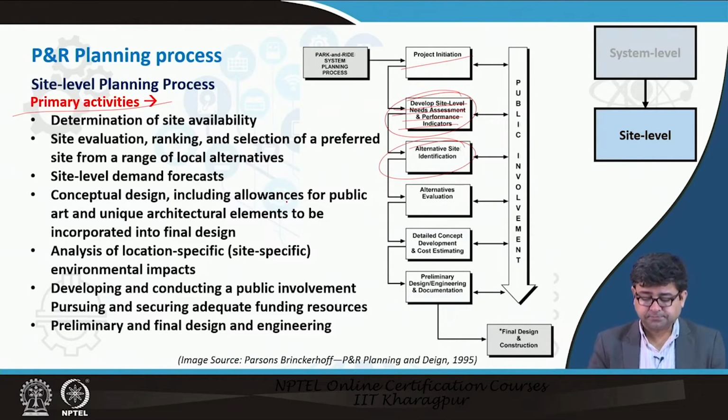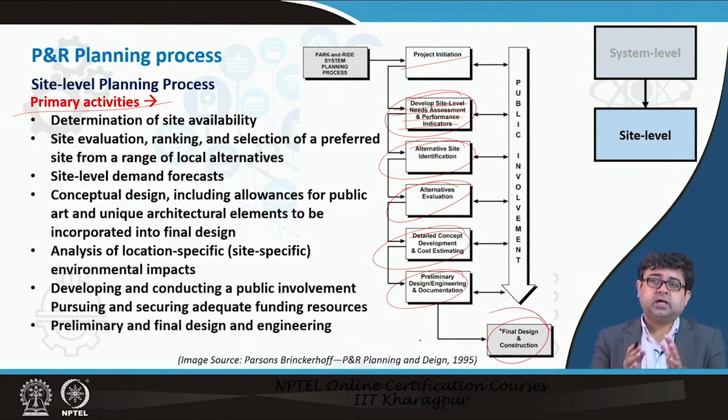You can put your money on one site once you have decided from an existing pool of alternatives. You evaluate all these alternatives, and then you come down to detailed concept level development and cost estimating for one site, which you have now thoroughly evaluated and said that this is the best possible site for my park and ride facility. After that comes your regular preliminary engineering and design and documentation, and final design and construction.